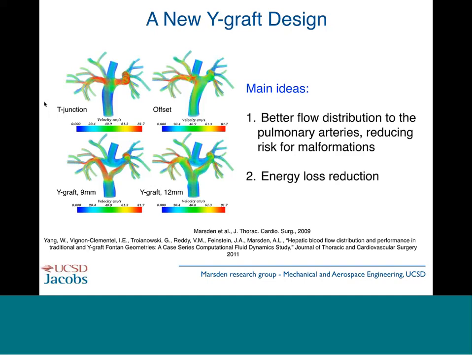What you have here is the traditional T-junction design, and this geometry that you're seeing here was actually reconstructed directly from the image data of a Fontan patient. So this is the surgery that this patient has. And then what we can do in simulation is a virtual surgery where we test out different design alternatives. And what I'm showing here is an offset design.